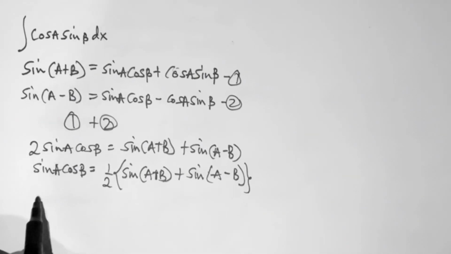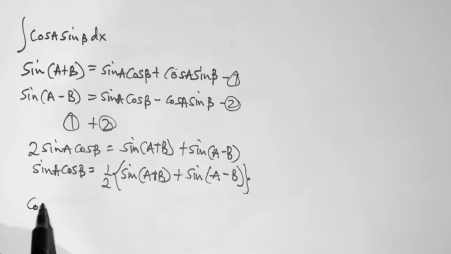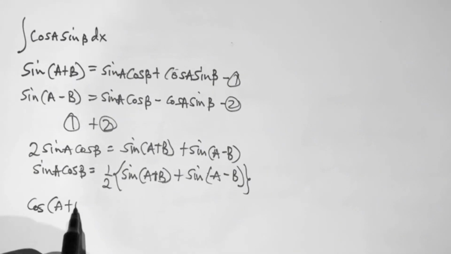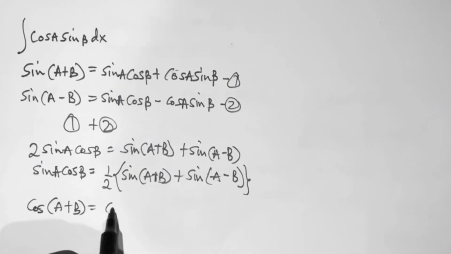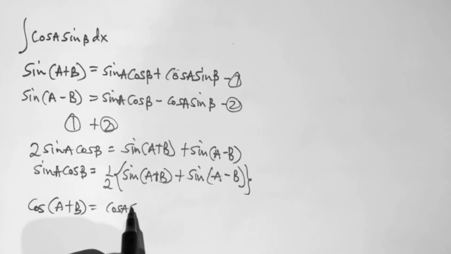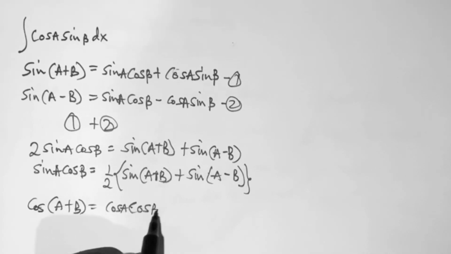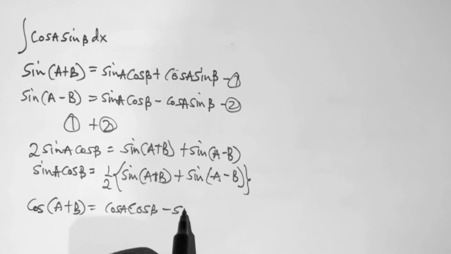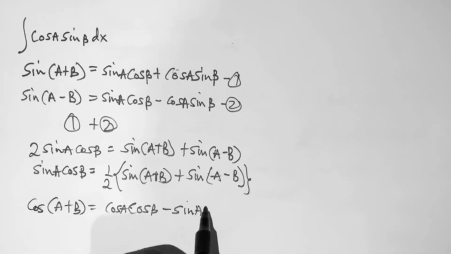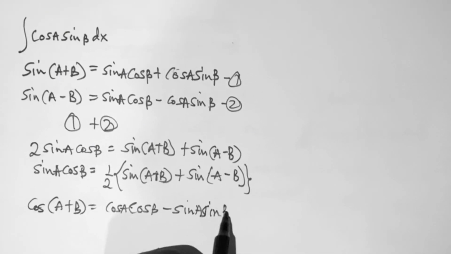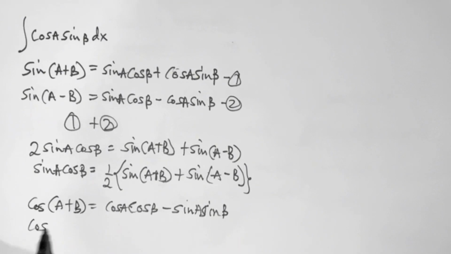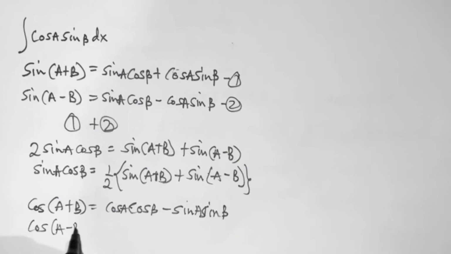So let's do the same for the cos function. What is cos(A plus B)? It's equal to cos A cos B minus sine A sine B. Now what about cos(A minus B)?